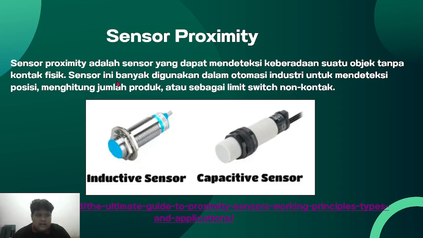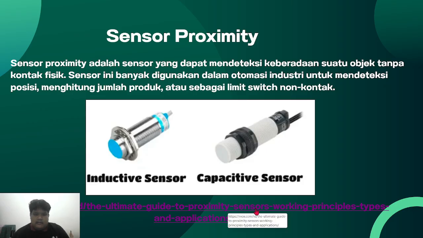The sensor is widely used in industrial automation to detect position, count products, or function as a non-contact limit switch. This picture is an example of proximity sensors. On the left side is the inductive sensor, and on the right side is the capacitive sensor.